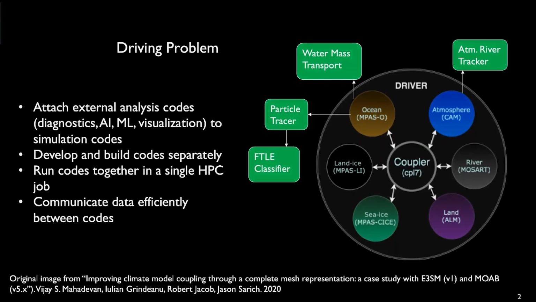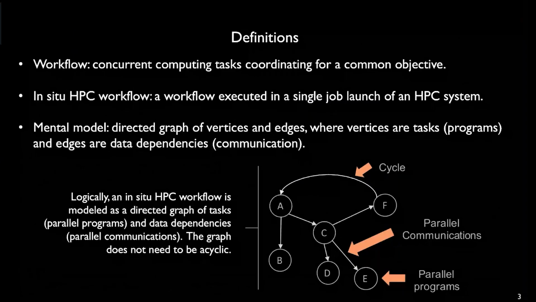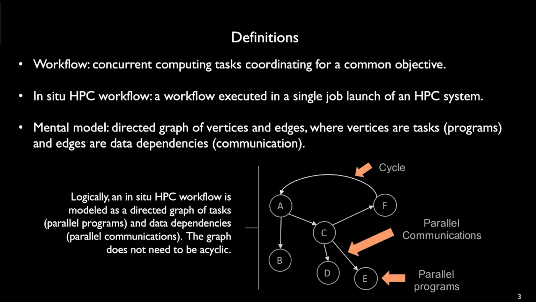First, one or two definitions. We call this a workflow, and a workflow is a set of computing tasks that coordinate to do something in common. An in situ HPC workflow is a workflow that runs on an HPC system within a single job launch. That's what the in situ part means.